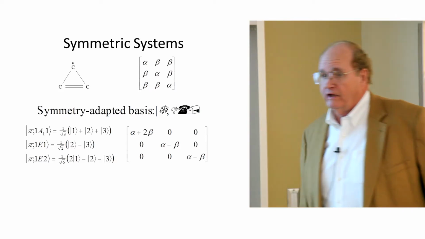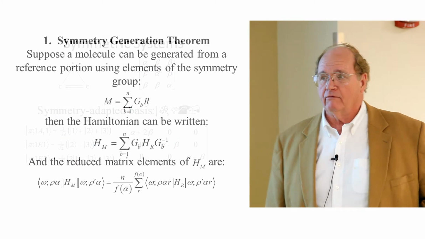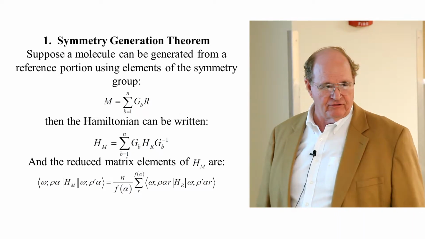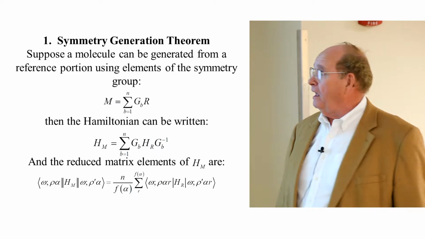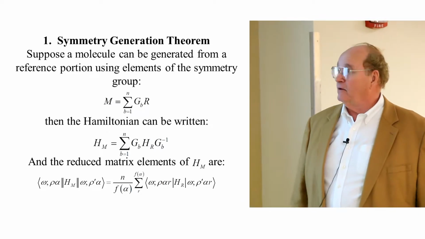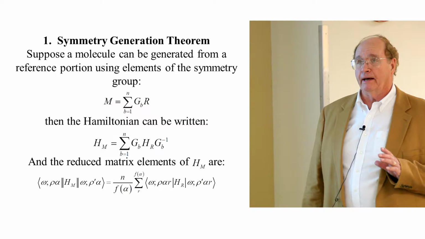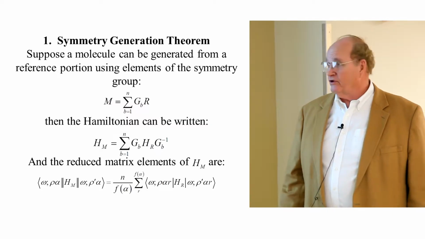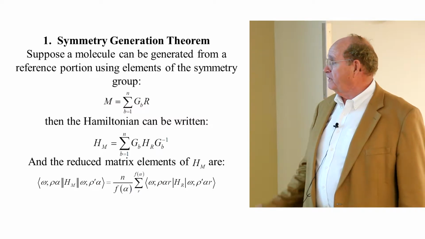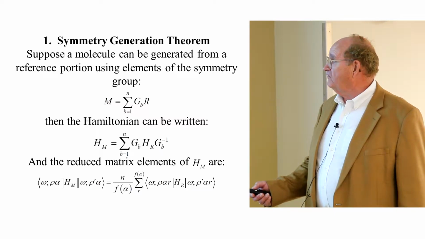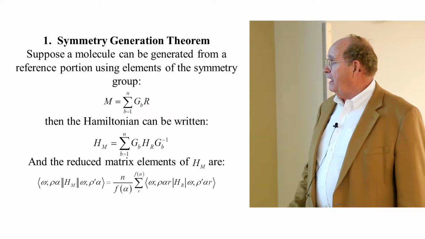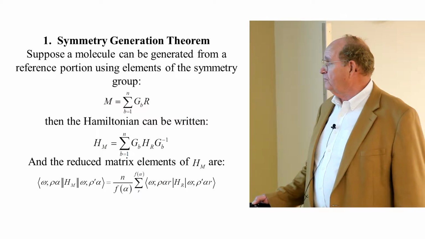Okay, one of the things that I came up with over these years of writing papers is the symmetry generation theorem. And this has to do with using a molecule that you can construct by doing operations with a group. Now, for example, here, this molecule can be written as a summation over GR, where G is elements of the group, and the Hamiltonian can be written like this.